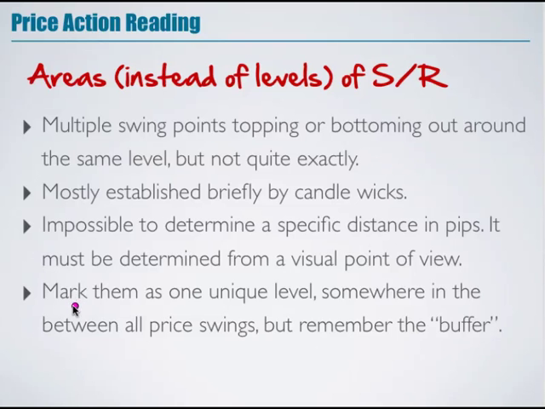Now, as far as marking them, as far as drawing them on your chart, I personally simply mark them as one unique level with one unique line. All right, somewhere in between all price swings, but remember that there will always be a buffer both above and below that specific level.